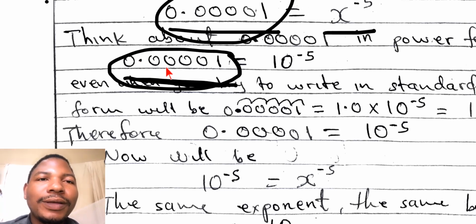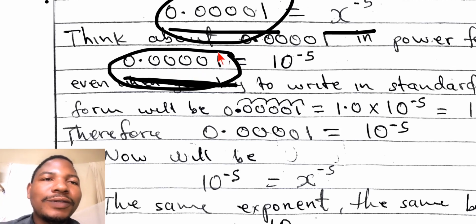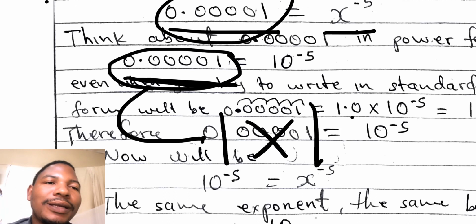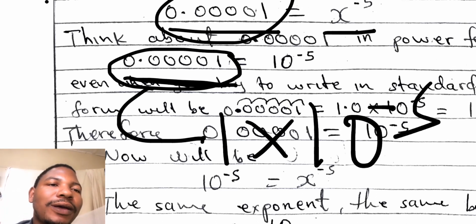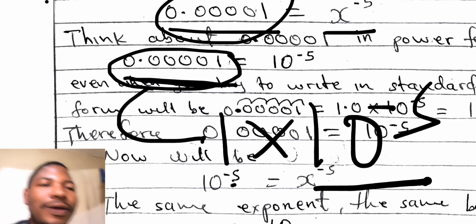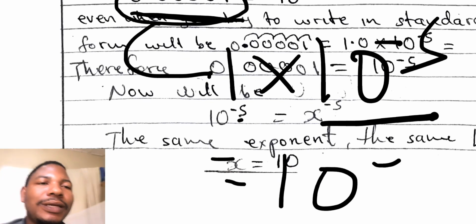First step, second step, third step, fourth step, fifth step in this direction. So the exponent is negative. This in standard form will be equal to 1 times 10 exponent negative 5. But 1 times this actually equals this, so the 1 doesn't have any effect. At the end of the day, that equals 10 exponent negative 5.